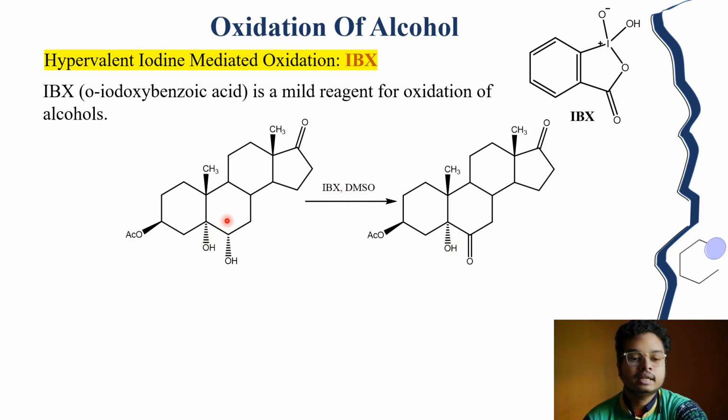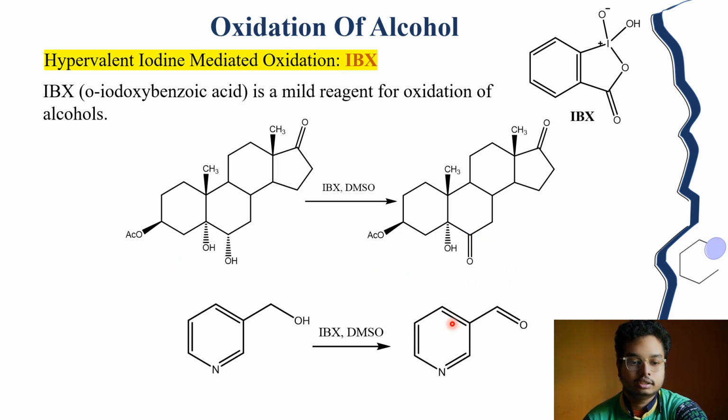Remember that tertiary alcohols are not oxidized in this process. Primary and secondary alcohols go to the corresponding aldehyde and ketone, because one alpha hydrogen is necessary for oxidation.